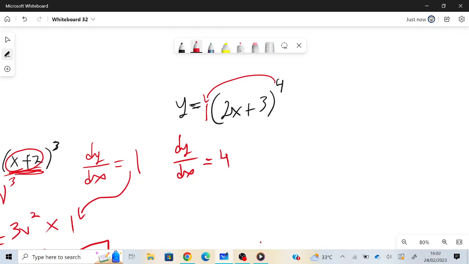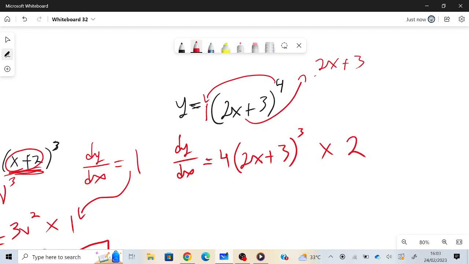Suppose there was a 3 there or a 4 there, we would now do 4 times 4, which would be 16, or 4 times 3, which would be 12. So 4 into (2x plus 3) all to the power of 3, because 4 minus 1 is 3, times 2. Why 2 on this occasion? Because if we take 2x plus 3 and find the dy/dx of this, this would be 2.